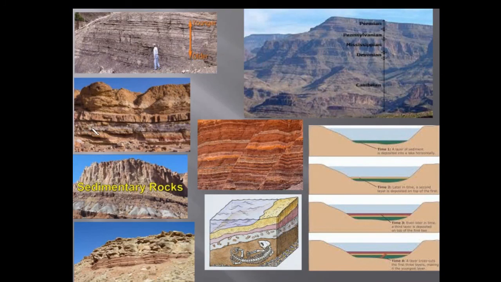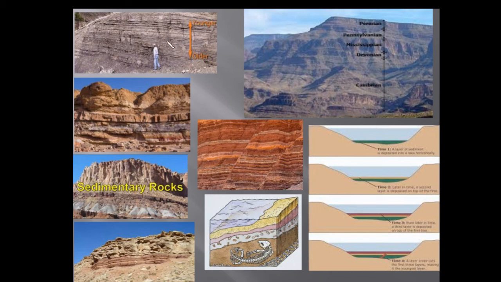Friends, why are these fossils formed only in the sedimentary rocks, not in the metamorphic rock, not in the igneous rock? Now see here, these are the various sides of the sedimentary rocks.